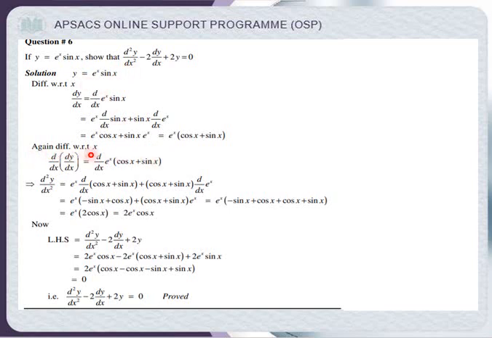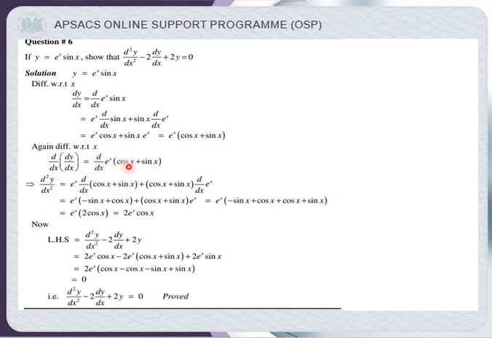So again differentiate with respect to x. The operator is d upon dx. Why is d upon dx the operator? Because we differentiate with respect to x. If we differentiate with respect to t, then d upon dt would be the operator.